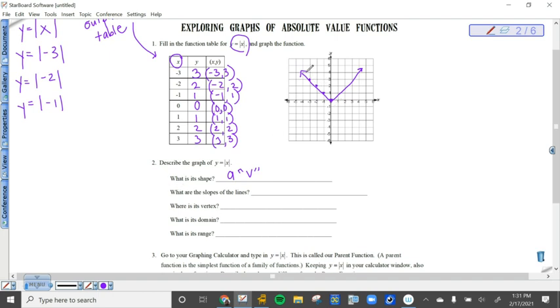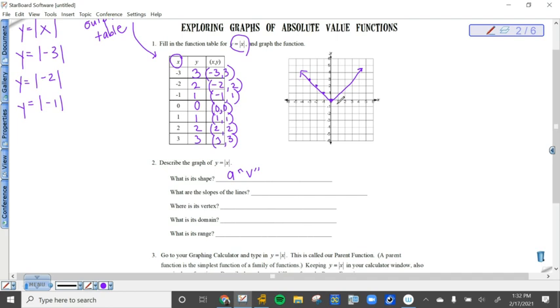So let's talk about the slope. The slope of each part of the line. We can find the slope right from the graph. Do we see how this side is going to have a different slope than this side? Yes? Yeah, because on this side the slope is negative. This side, the slope is positive. So let's figure out the rise over run for each side.